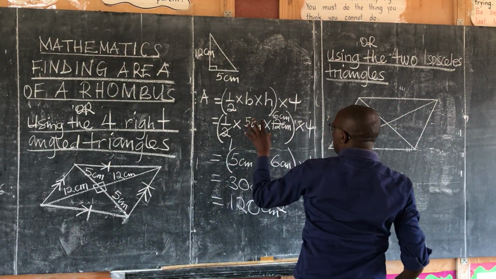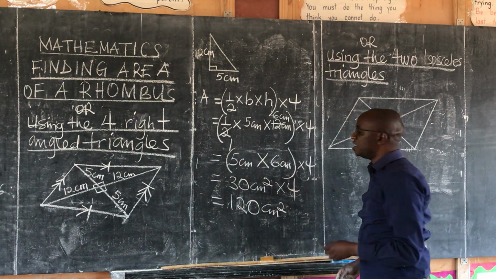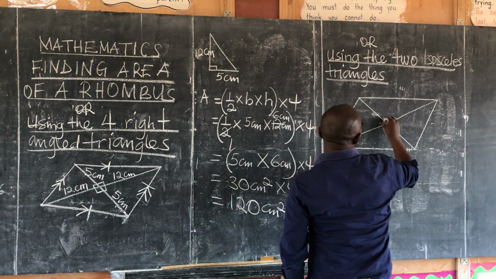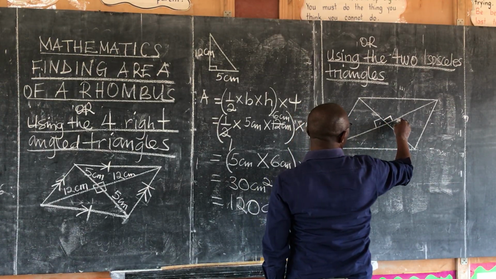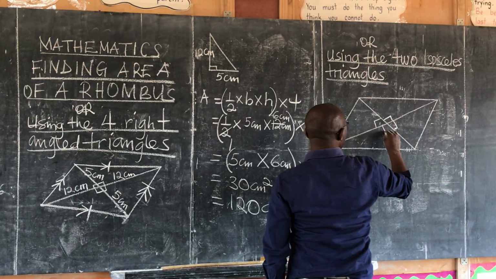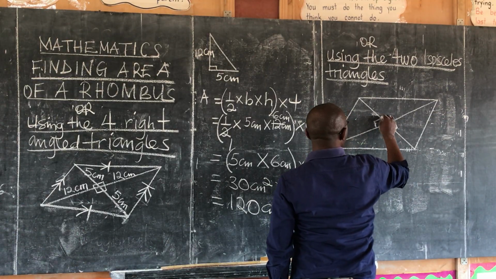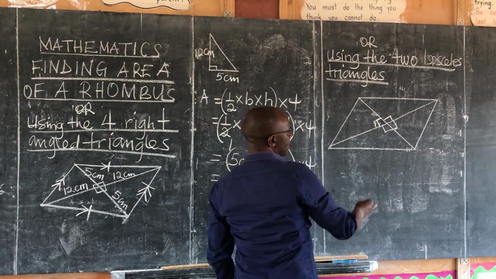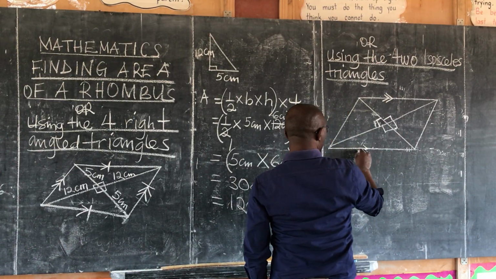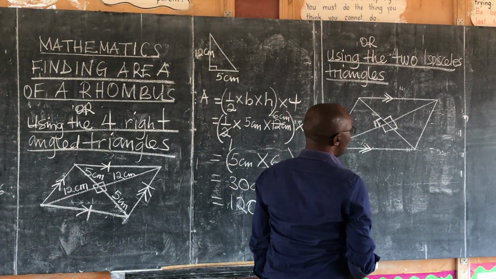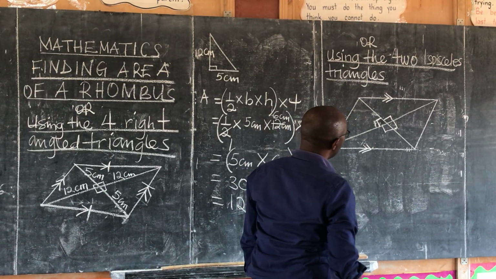We are using the same rhombus to work out area, but using different methods. Now, we said the diagonals bisect each other, and as they bisect each other, they end up forming 2 isosceles triangles.